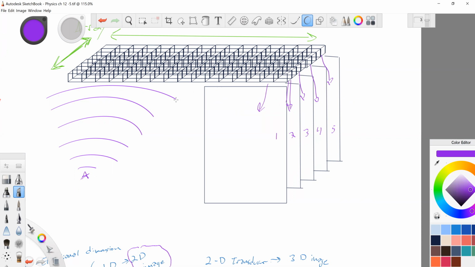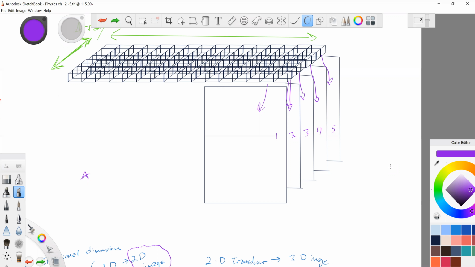I kind of skipped to the echo part, but it actually works in both directions. Let me pause.